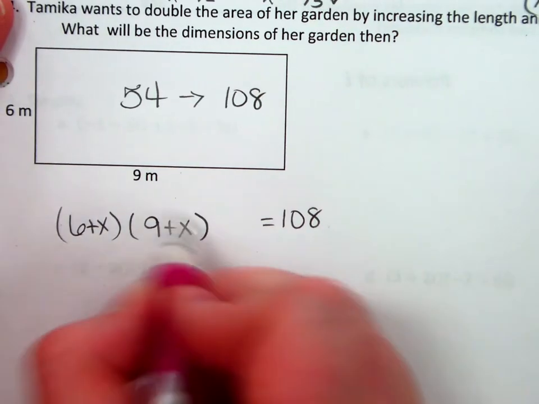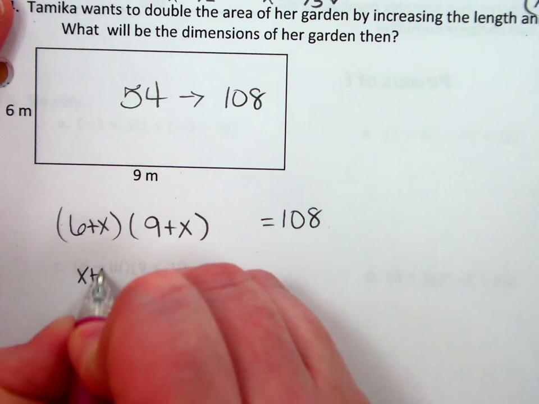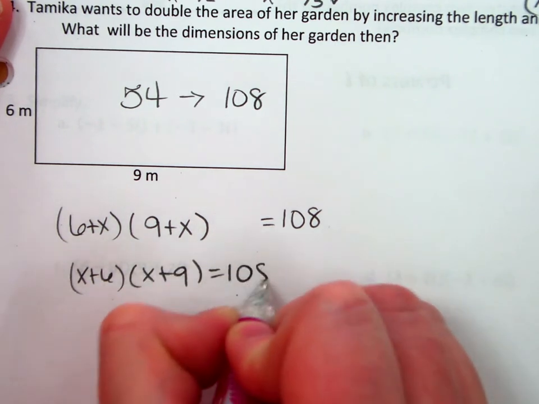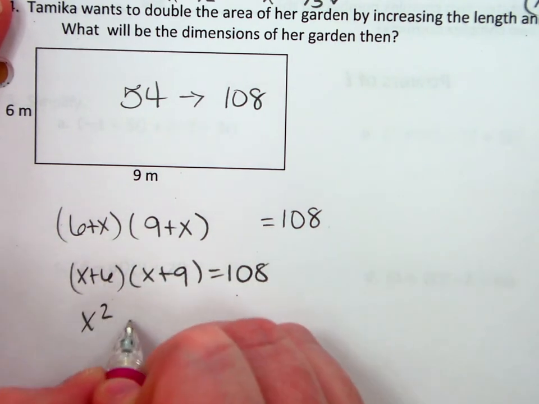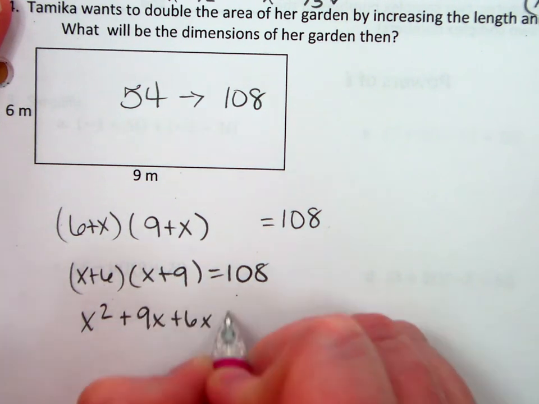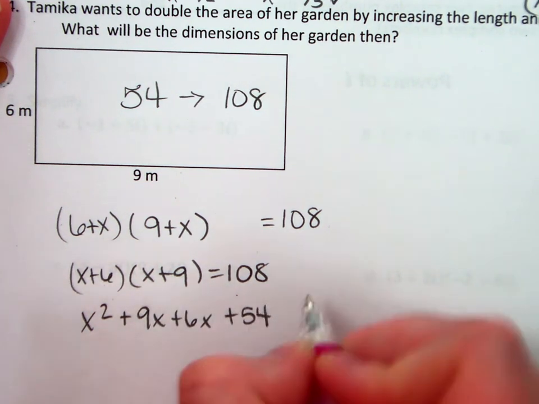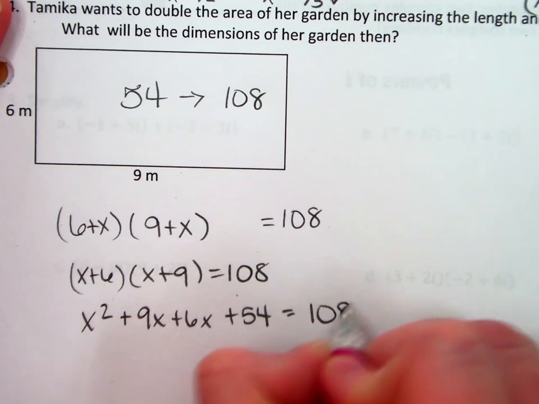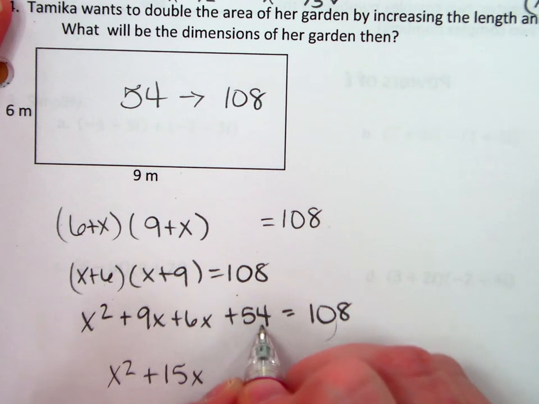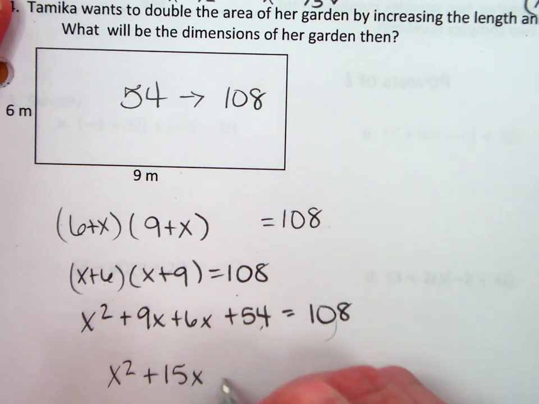So multiplying these out, I'm going to switch these orders. x plus 6, x plus 9 equals 108. x squared plus 9x plus 6x plus 54 equals 108. x squared plus 15x, and at the same time as I combine this, it gives me a minus 54 equals 0.